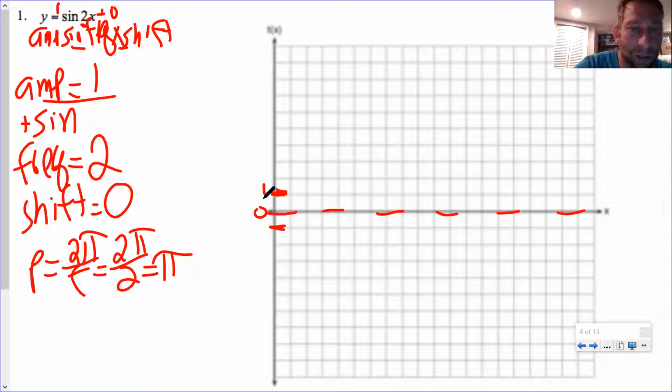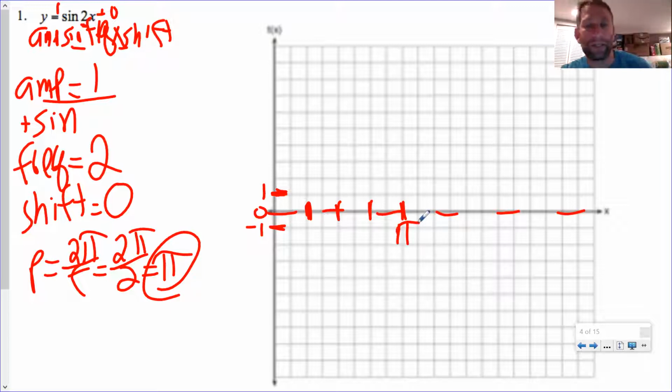That's 0, 1, negative 1. For my x-axis, I make 4 dashes. I like to skip a box. You don't have to. And my period goes at the end of the 4th dash. In the previous lessons, my period was always 2 pi, but that's not always going to be the case, depending on what the frequency is.